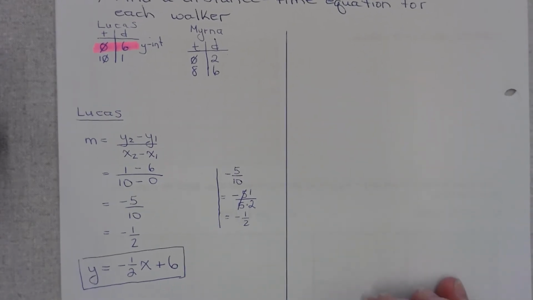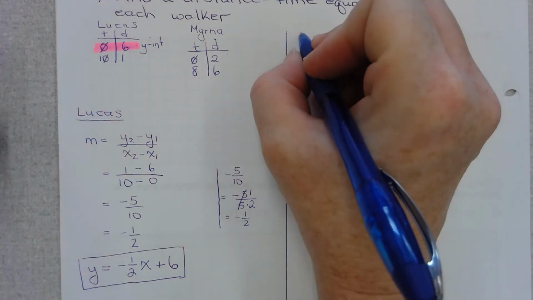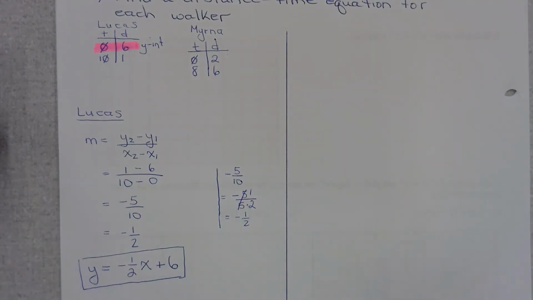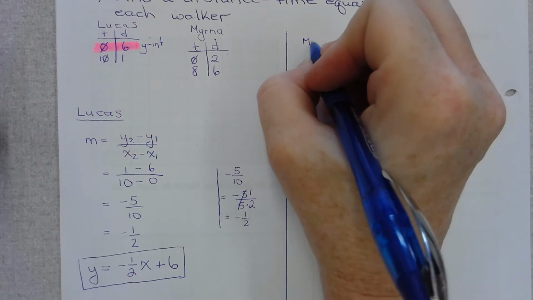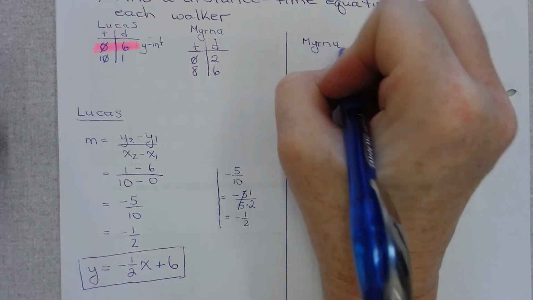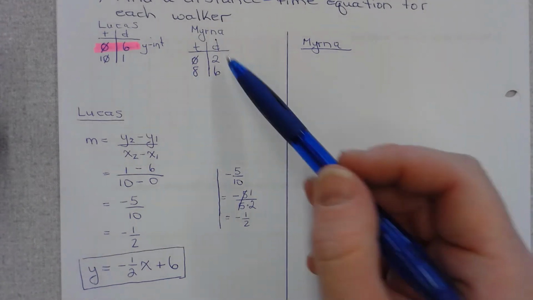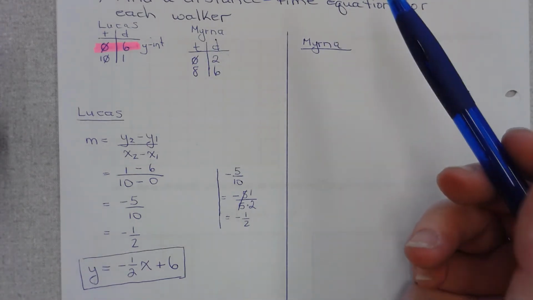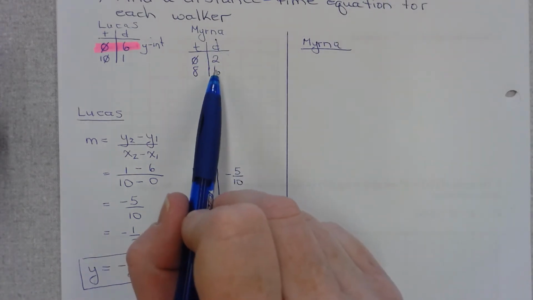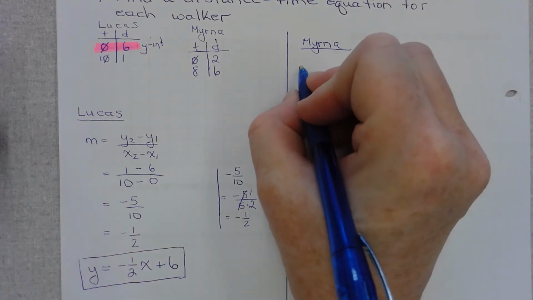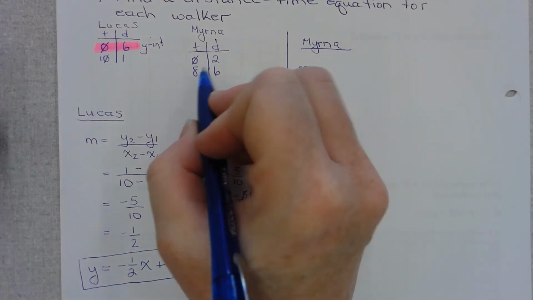So now I'm going to start to work on Myrna's equation. So again, I know that Myrna also has 2 points, (0, 2) and (8, 6).